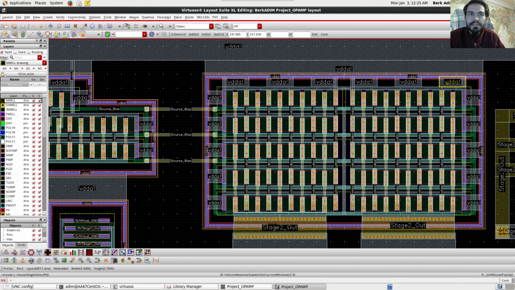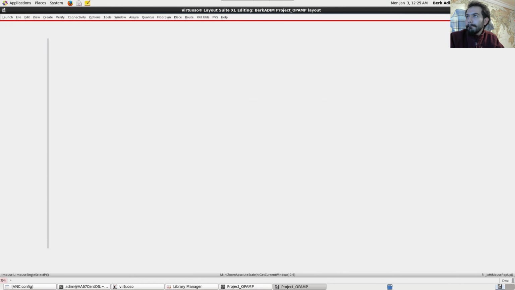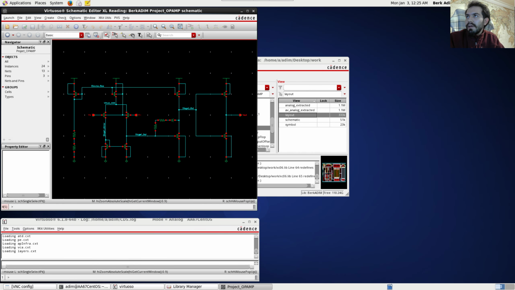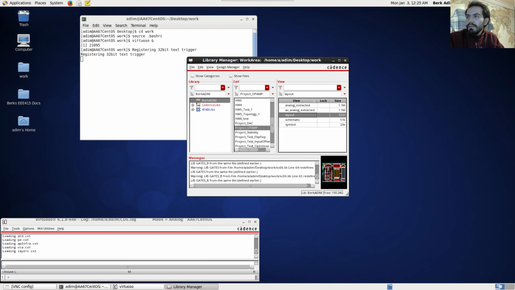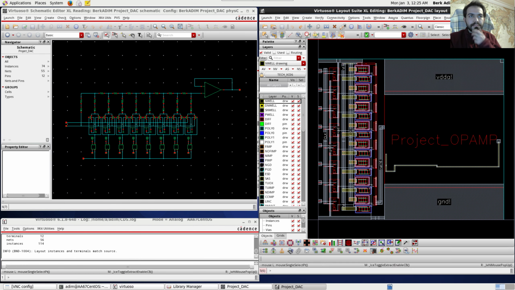We can actually see that in our DC analysis. We actually extract the circuit from this design and run another analysis. I will just show you that in a moment. And then let me show you the layout design of the DAC.